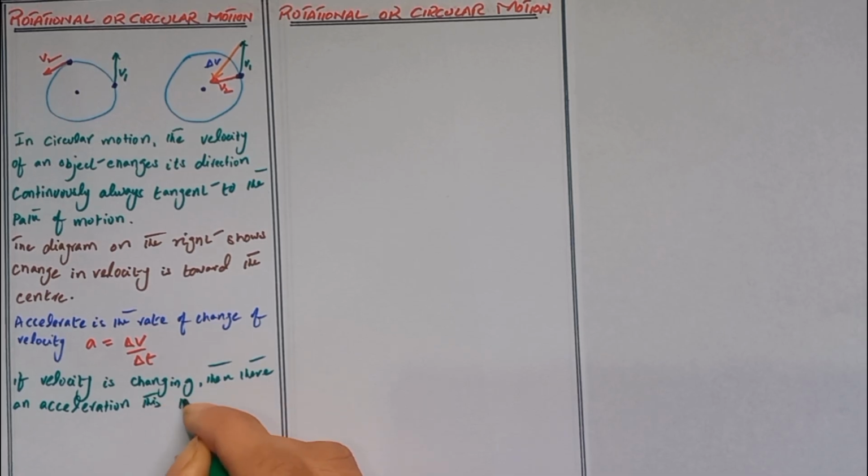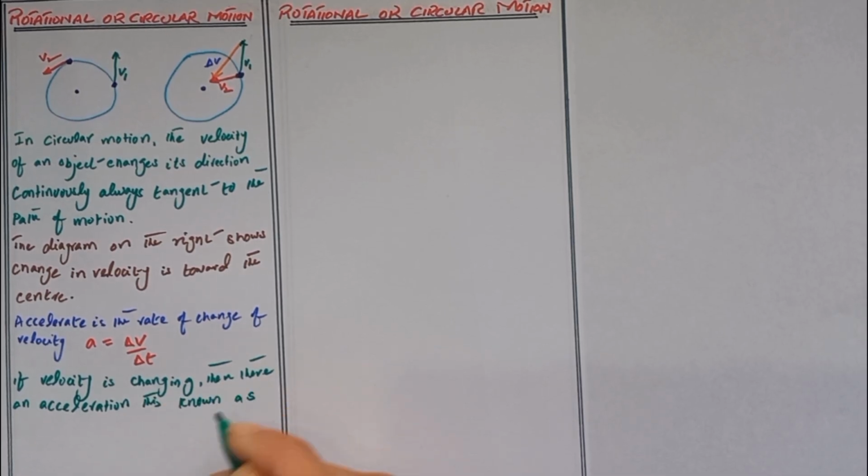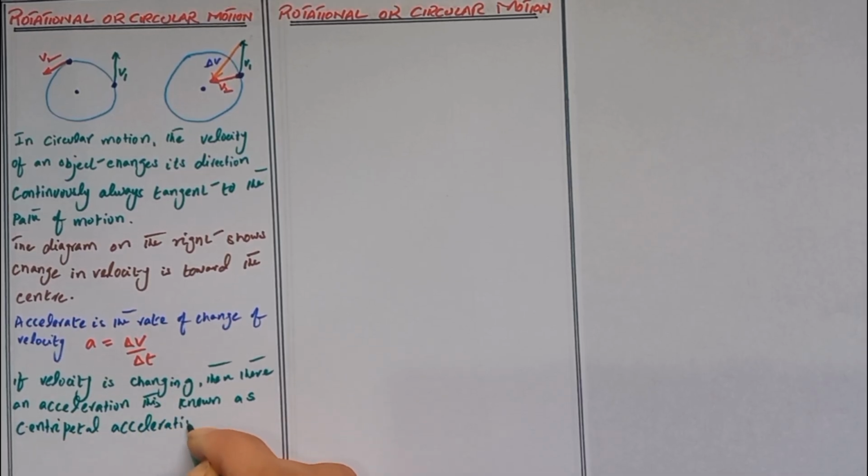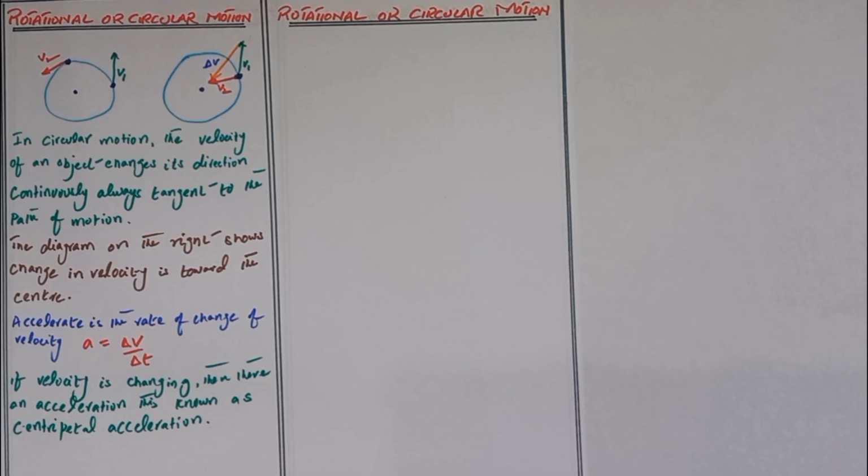This is known as centripetal acceleration, denoted by a_c, which is directed toward the center of the circle.